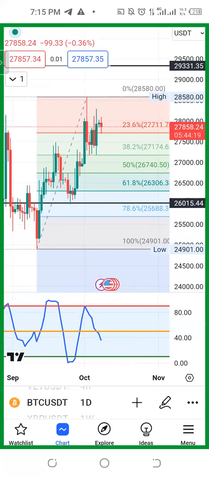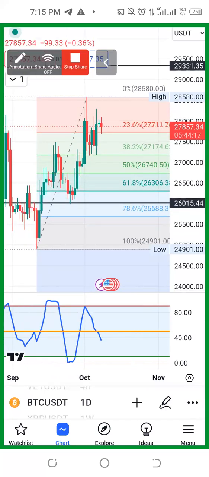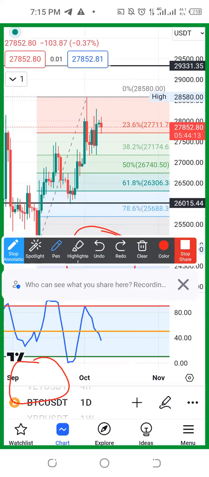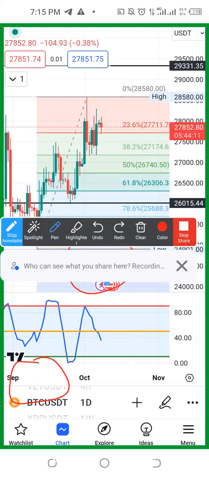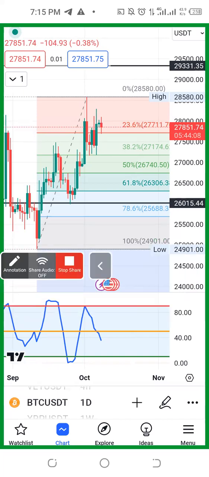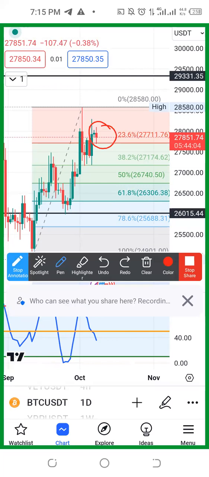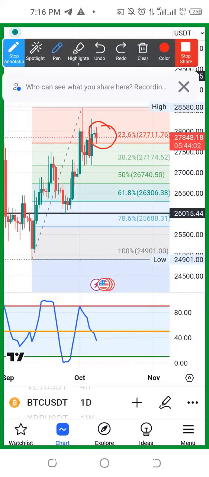I've seen it. There's a red candle showing here. See this red candle. And the RSI is pointing down.